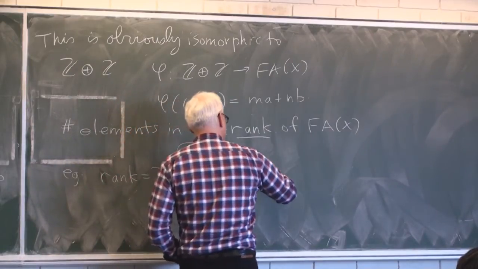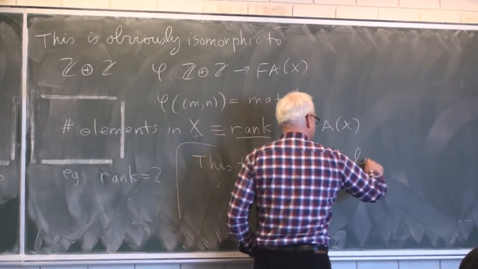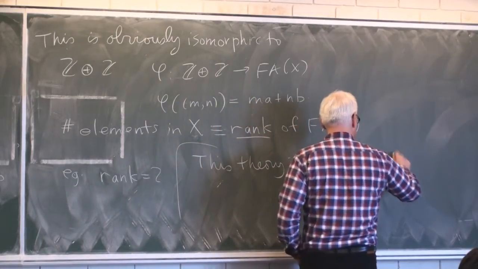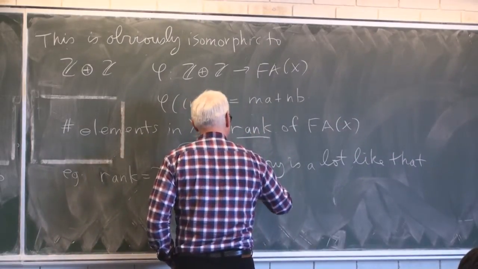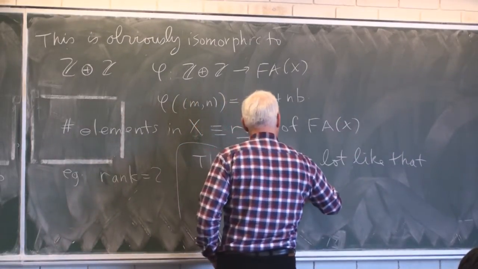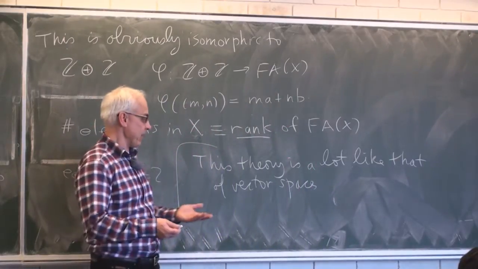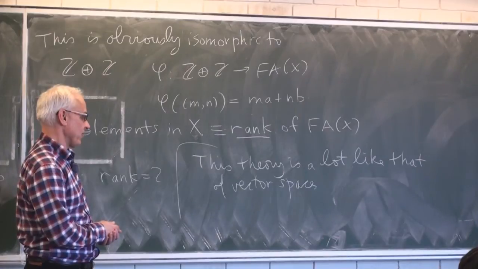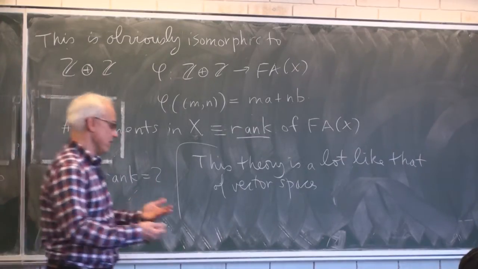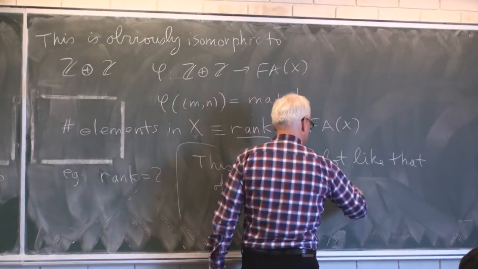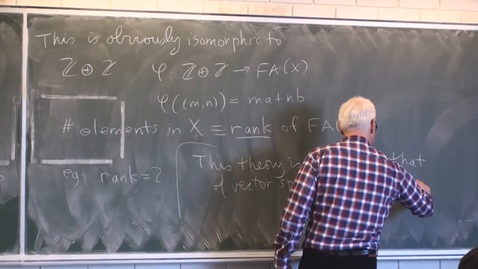This theory is a lot like the theory of vector spaces, because we take combinations and we add just like we add combinations of vectors. And the rank corresponds to a dimension in vector space theory, sort of parallel concepts.